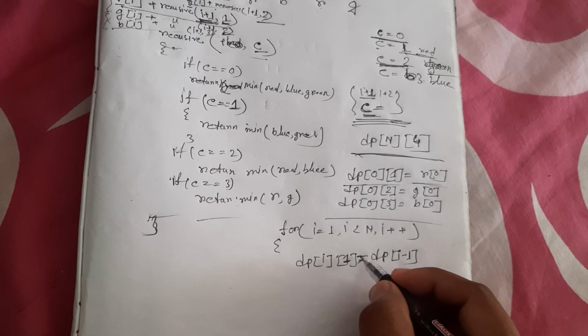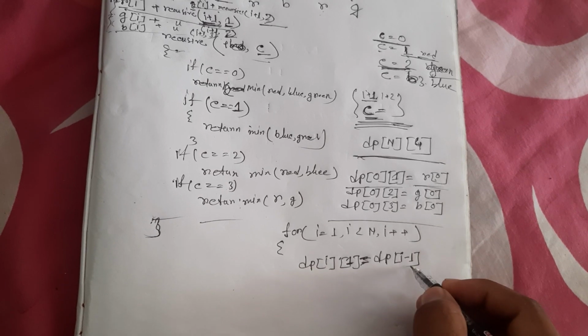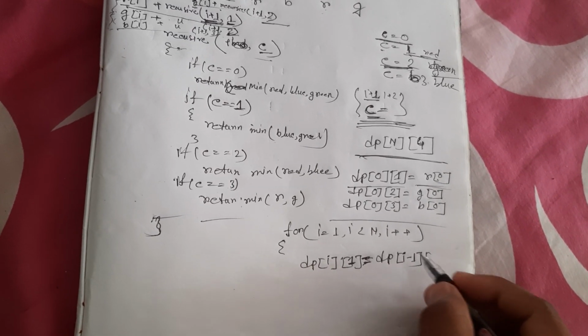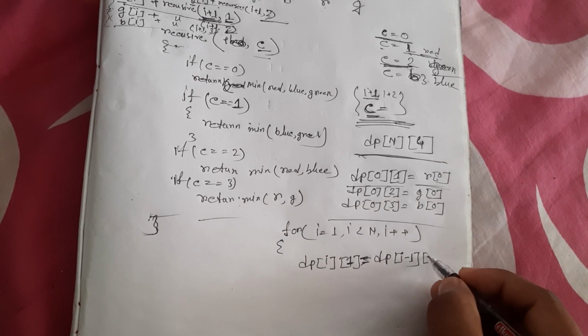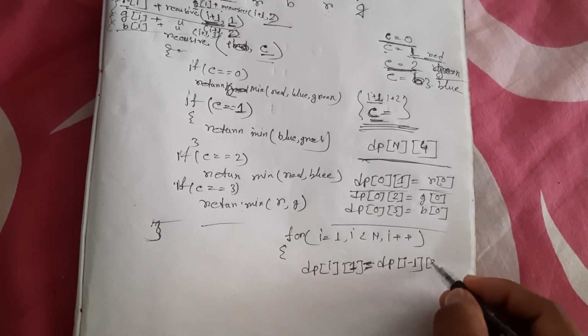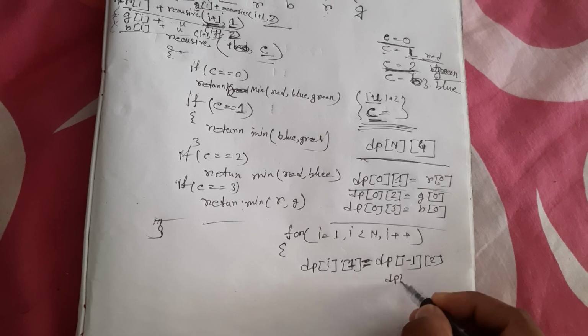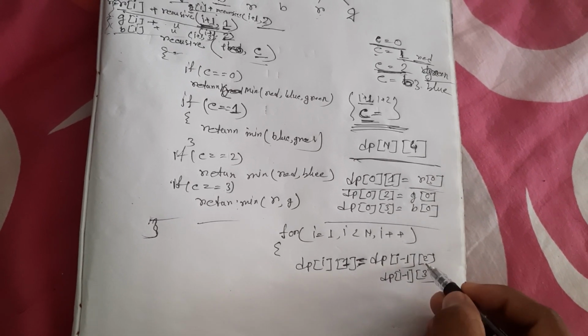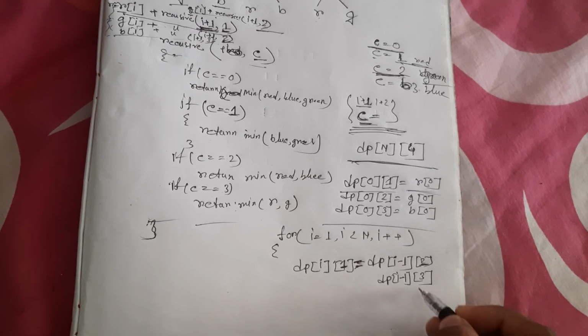If you choose the previous value as green or blue, then DP of I minus 1, 2, or DP of I minus 1, 3, because 2 is green and 3 is blue.